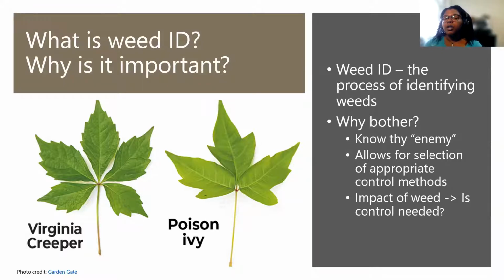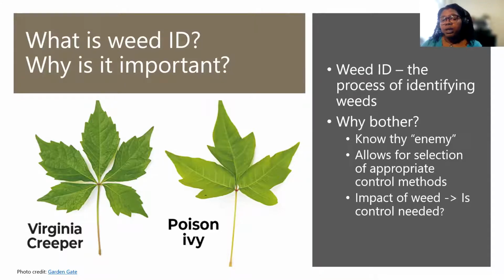So when you pull it out, you should also take some time to use a cobra head weeder, which I will discuss later, and dig some of those rhizomes out. Otherwise you can just pull the tops off, but quackgrass will still resprout from those vegetative structures. You wouldn't know this if you didn't know what the weed was from the very beginning. And then finally, the impact of the weed.